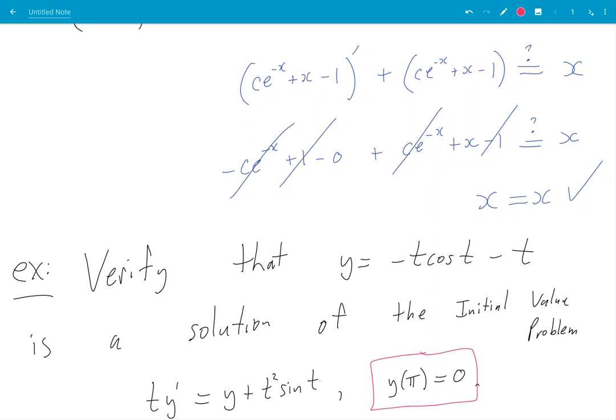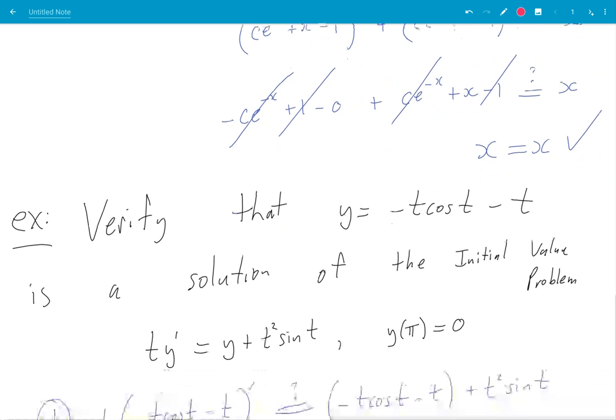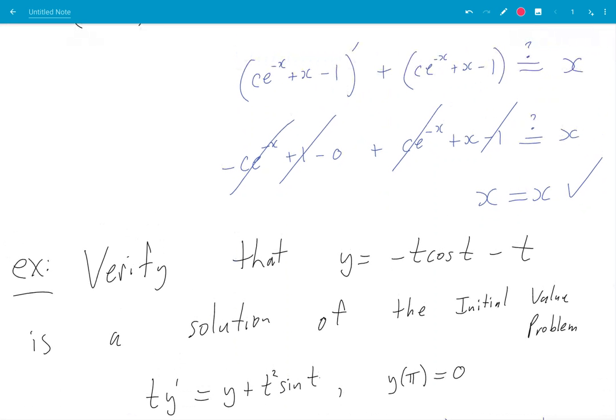We're going to say that when t is pi, y must be 0. So let me write that, it's worth writing here. When t is equal to pi, y is equal to 0. That's what we're saying with this guy right here.